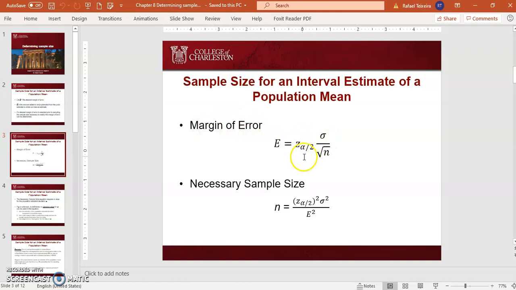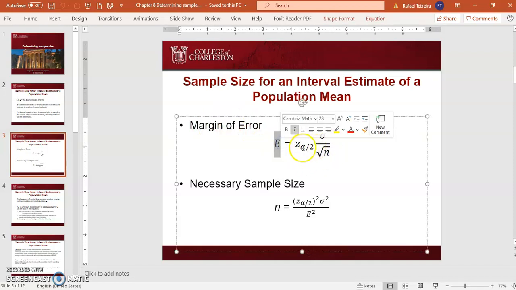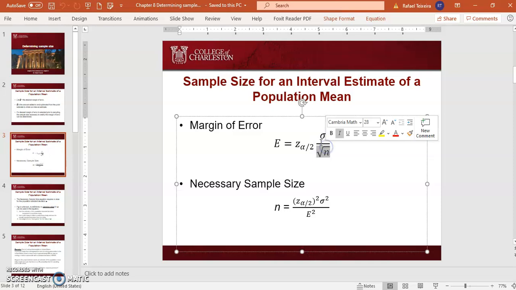So this is just a review. The margin of error is the z score for alpha divided by 2 multiplied by the standard deviation of the sample mean, given by this part of the formula.